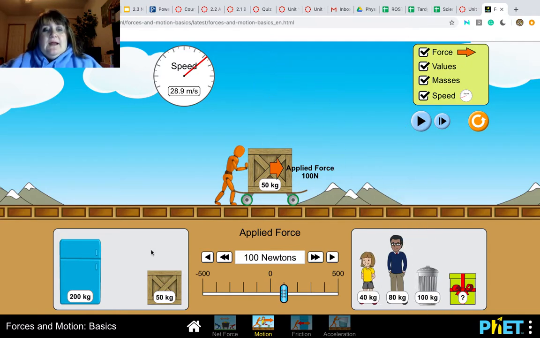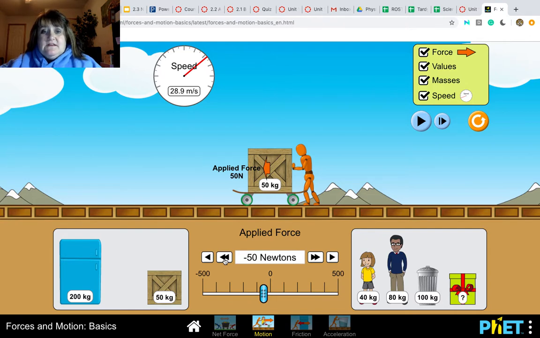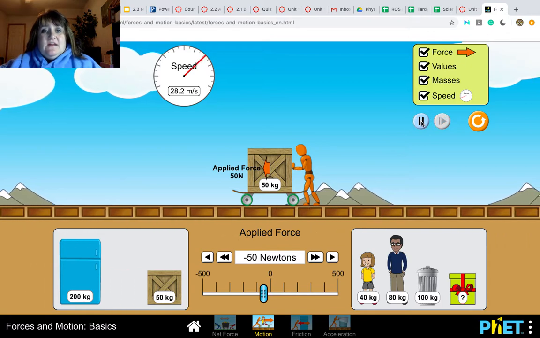So what happens if I now apply a force in the opposite direction? What's going to happen to my speed then?